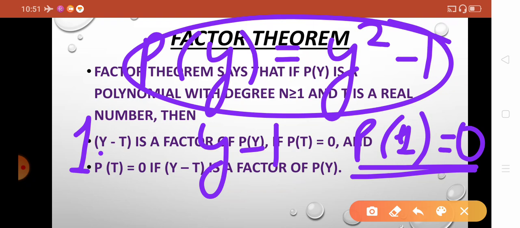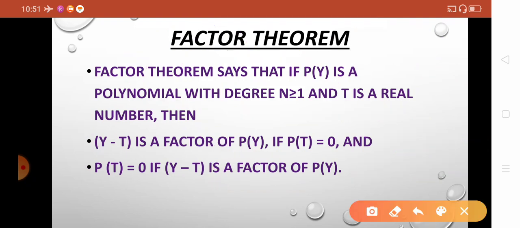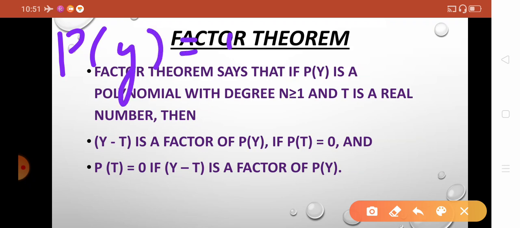That means if you put the value 1 in place of the variable y, your answer comes out to be 0, so this is a factor of this. So we have p(y) equal to y square minus 1, and we want to check whether y minus 1 is a factor of this or not.